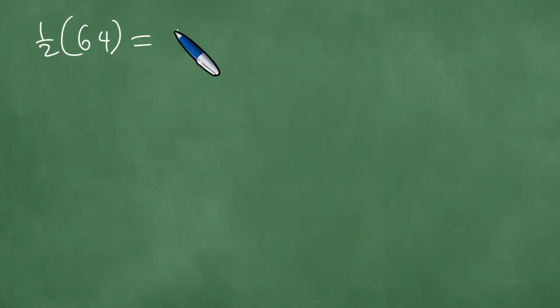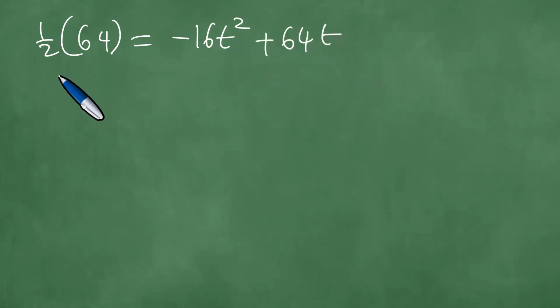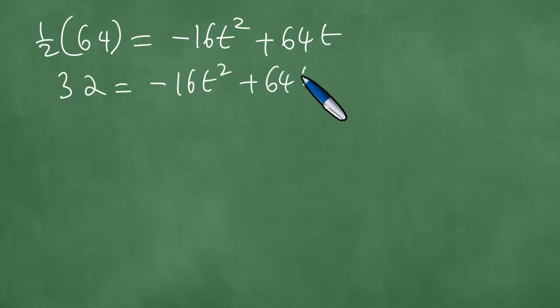So half of the maximum height is 32, which is minus 16t squared plus 64t.